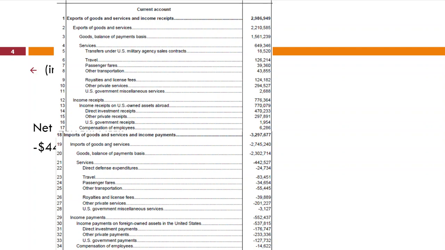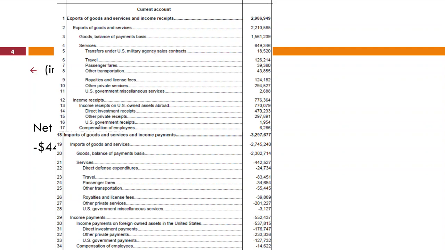And then we also have the imports, and notice that the imports are negative here. That's because the balance of payments accounts track where the money goes. It doesn't matter where the good goes, it matters where the money goes. So when the United States exports a good, the money comes into the United States, and that's a positive.